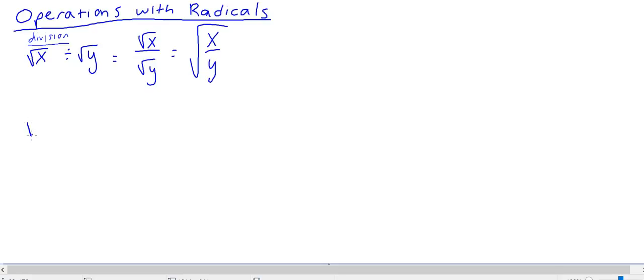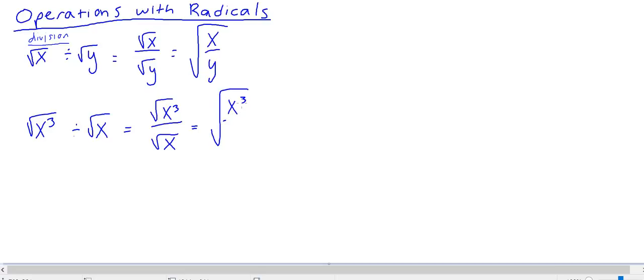Let's say we have the square root of x cubed divided by the square root of x. Let's rewrite it as a fraction, the square root of x cubed over the square root of x, and let's bring them into the same radical, the square root of x cubed over x. Now we could simplify this like a regular fraction. We have the square root of x cubed over x to the 1.